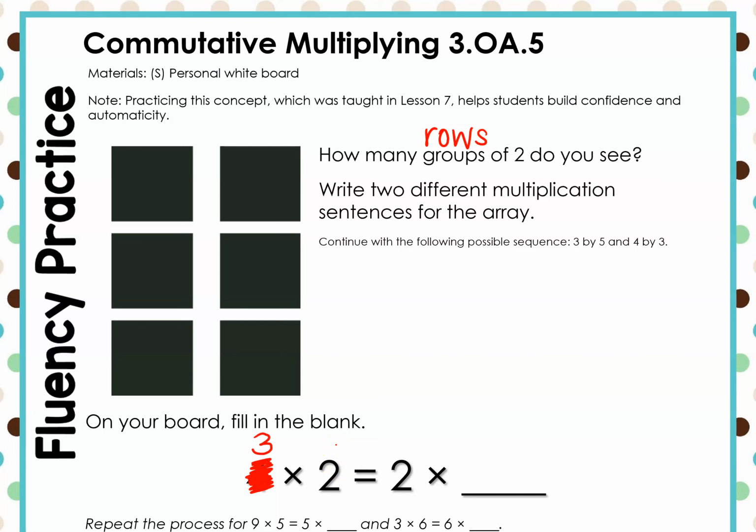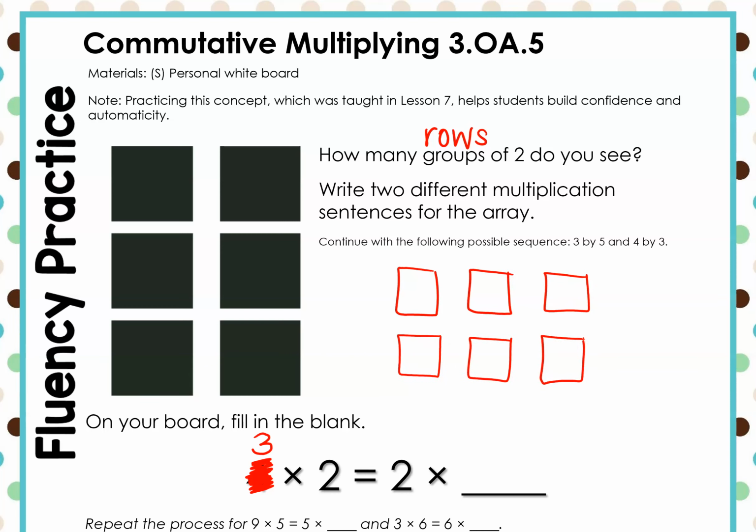Let's think back to what we did yesterday when we turned our arrays to show a different picture. If we turned this array on its side, it would look something like this. Do we still have 3 rows of 2? No, now we have 2 rows of 3.